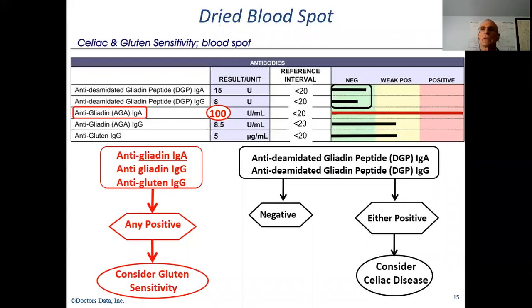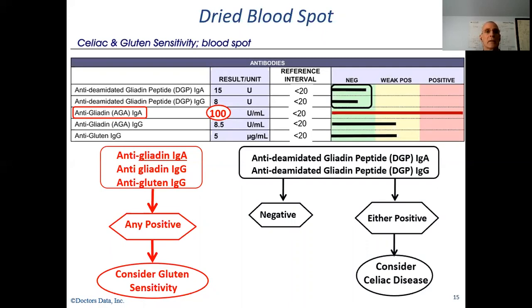Now, the serology testing can also be performed from a dried blood spot. The only limitation here is that you can't look at the antibodies against tissue transglutaminase, because when you elute the serum component from the dried blood spot, there is a massive release of red blood cell tissue transglutaminase.